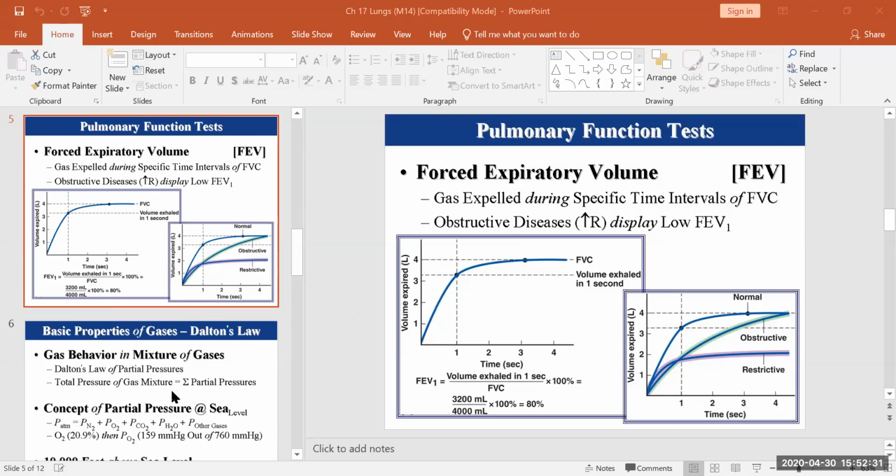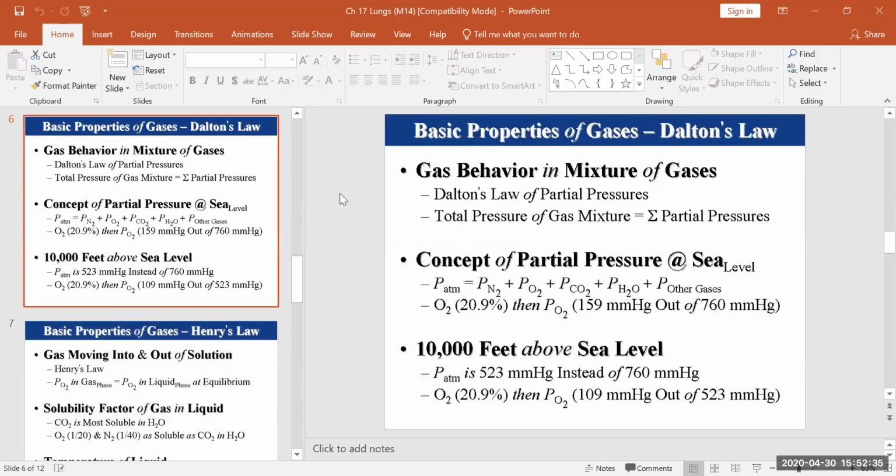Now, we are for the first time dealing with chemicals, but not chemicals dissolved in water. We're talking about the gas state here. We're not talking about the liquid state.